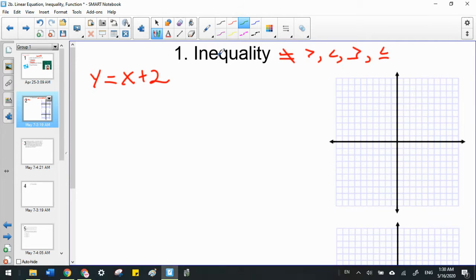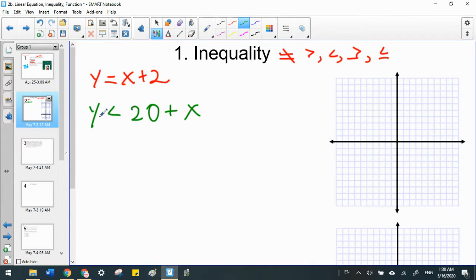So if I had an equation like y is less than 20 plus x, that means that y doesn't have to equal what 20 plus x would have to be.